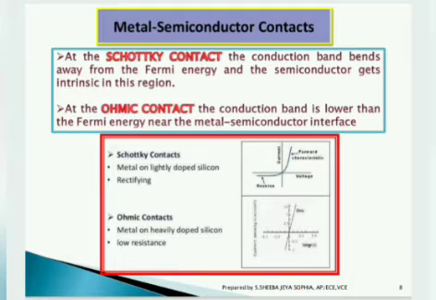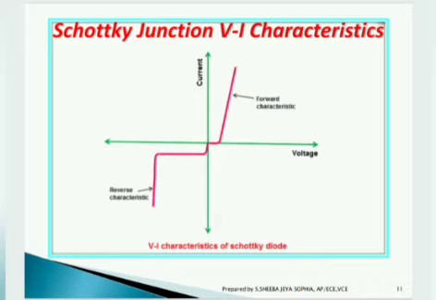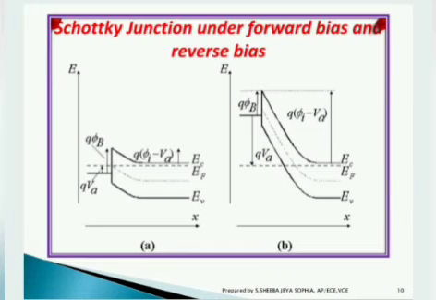Regarding the junction characteristics, as I have mentioned earlier, the Schottky junction VI characteristic is drawn as current versus voltage, which is similar to the normal junctions we have seen in the diode. Forward characteristics rise at a higher rate, whereas the reverse characteristics, after breakdown, again start to peak out, which is clearly depicted in the diagram.